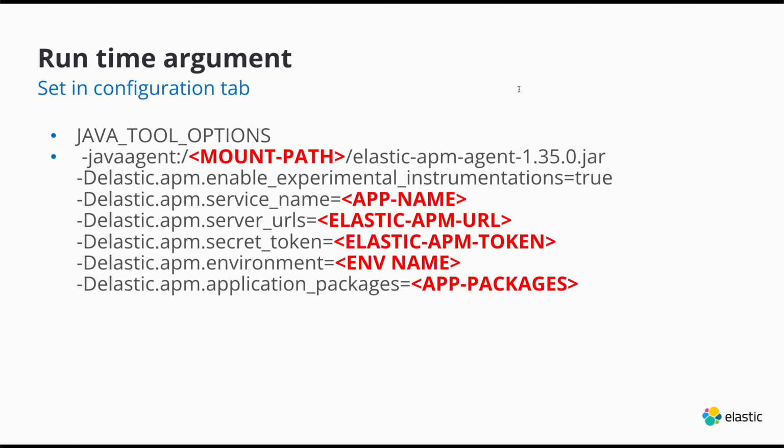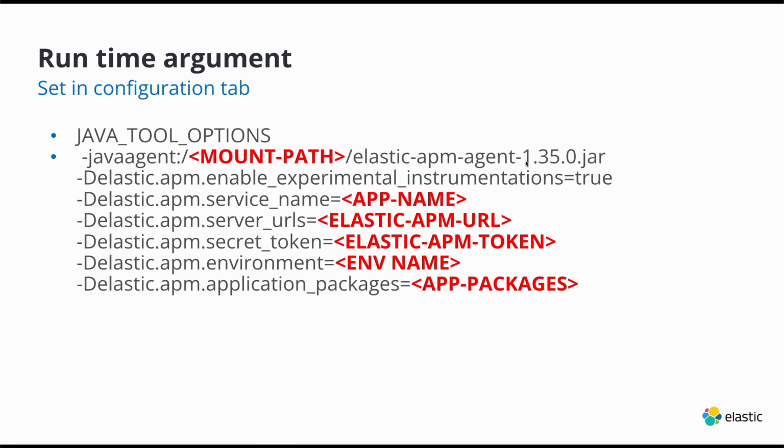In order to bootstrap this or mount this properly, you'll need to set the Java tool options. Here's an example. This is one string, and just for demonstration and clarity purposes, I put it on a slide here. You have Java tool options, and you'll say Java agent and your mount path. Remember, I called mine dash jars, and then where your agent is.